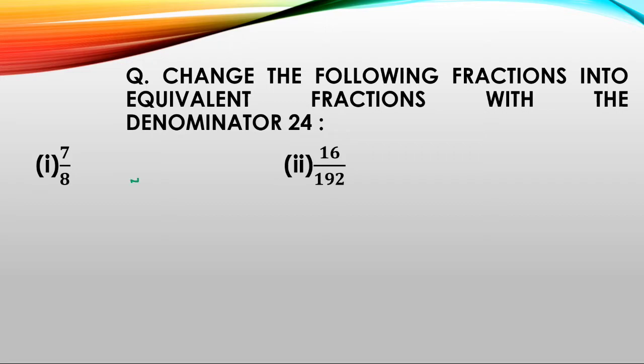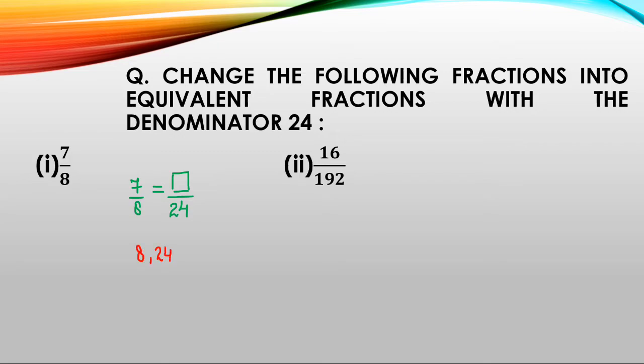The next question is to change the following fraction into an equivalent fraction with denominator 24. The given fraction is 7/8 and we have to find the equivalent fraction whose denominator is 24, and the numerator is not given to us. We can see the denominators are 8 and 24.